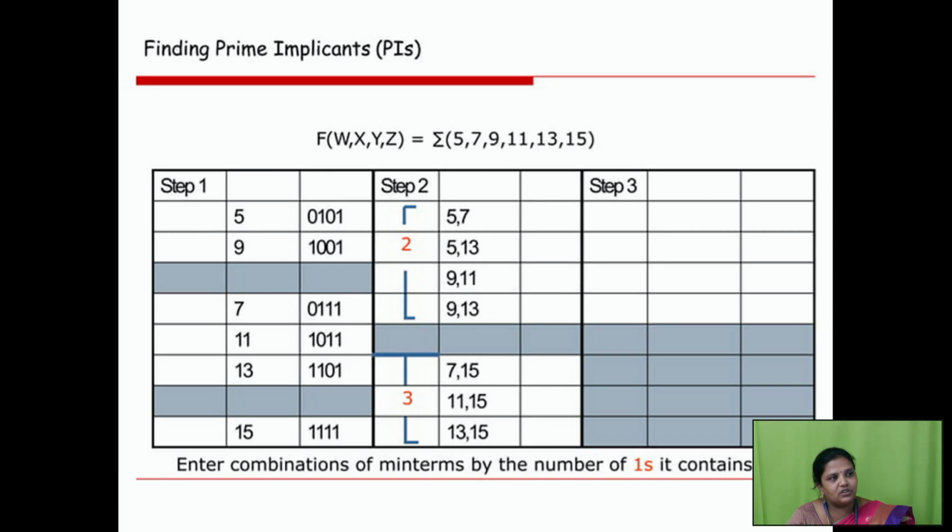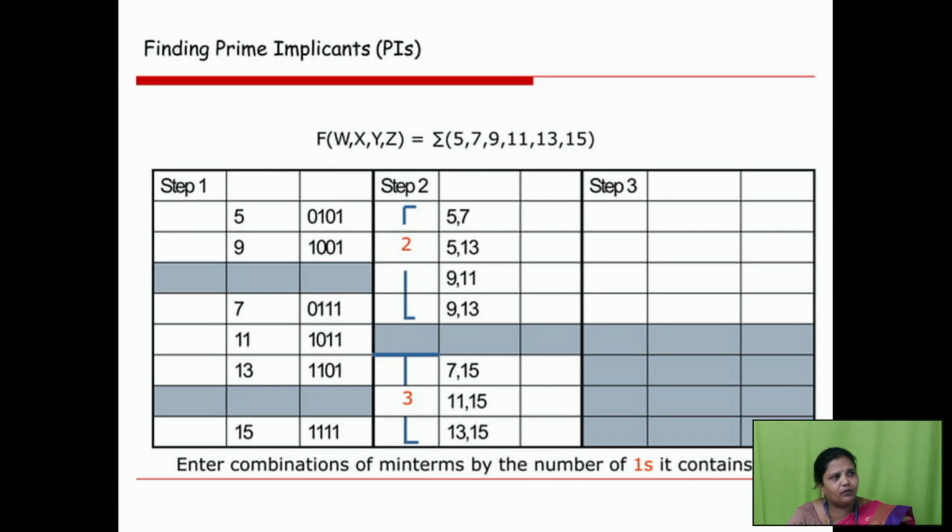The third position is 0 in both, and the fourth position is 1 in both. So only the first position is changing, and the second, third, and fourth positions are not changing. So we consider 5 comma 13. While writing, we write dash 1 0 1.